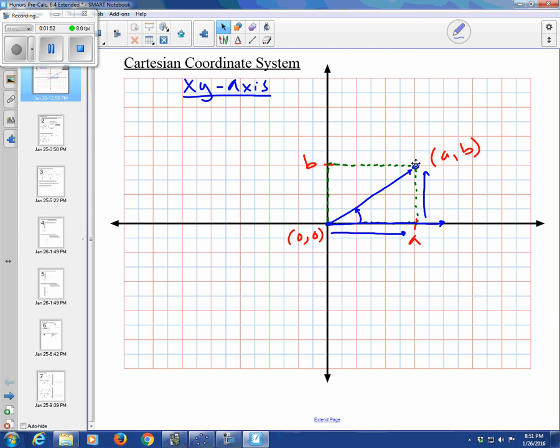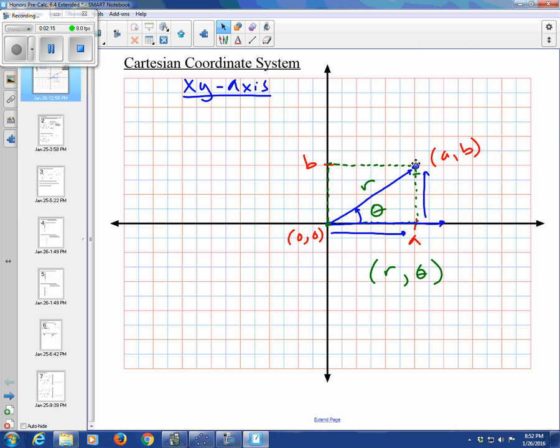Now, what we've basically done is defined the point on the plane by a rotation theta from standard position and a distance we'll call r that is a direct distance from the origin to that point. And this is defining the point with what we call polar coordinates, r theta.